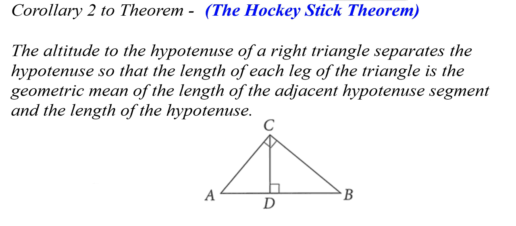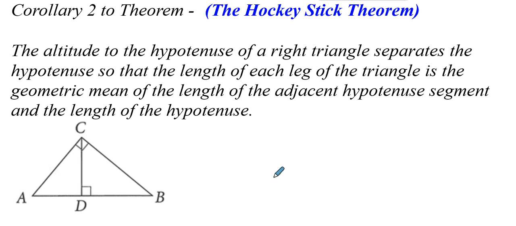The second theorem we call the hockey stick theorem. The altitude to the hypotenuse of a right triangle separates the hypotenuse so that the length of each leg of the triangle is the geometric mean of the length of the adjacent hypotenuse segment and the length of the hypotenuse. We can see this in two different ways with this triangle.